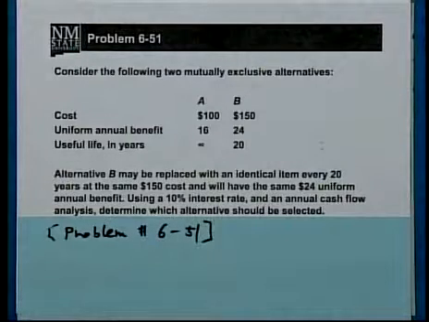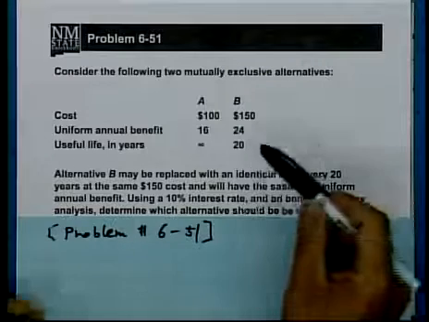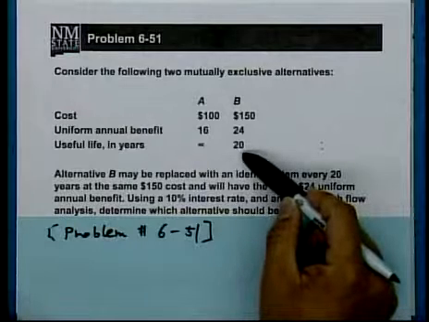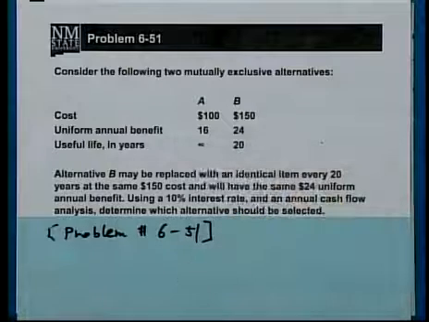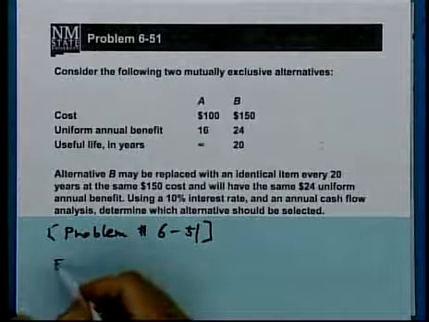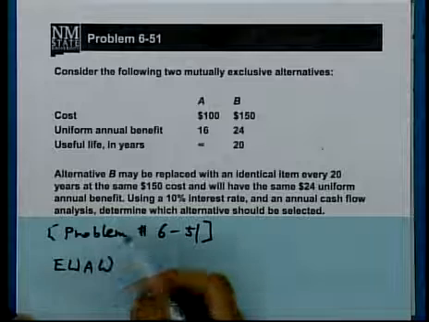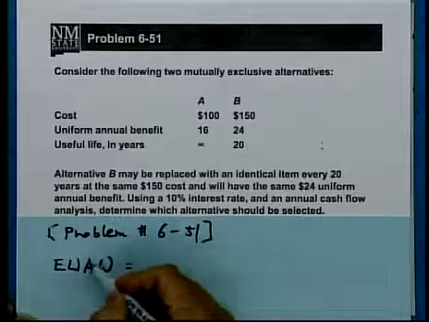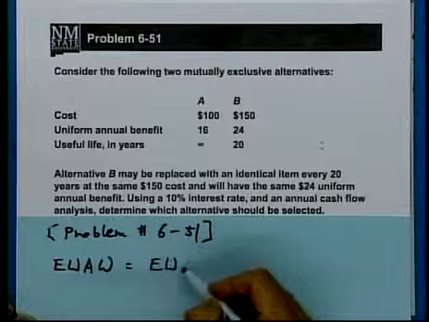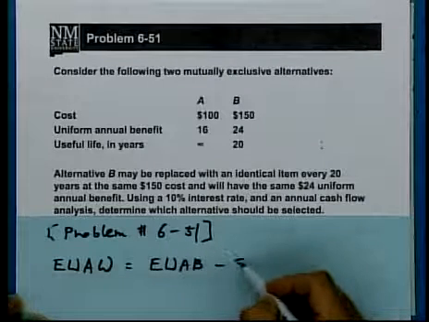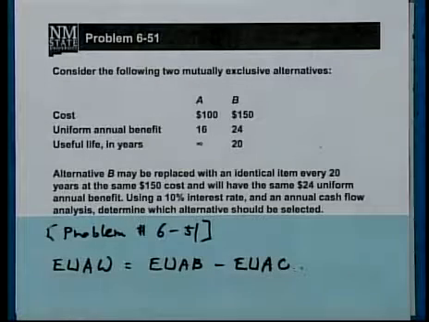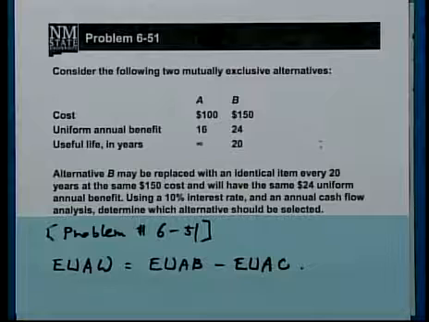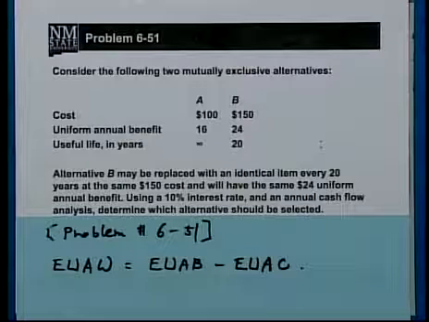Because we assume an identical replacement, we may compare 20 years of plan B with an infinite life for plan A by using equivalent uniform annual worth, which can be computed by equivalent uniform annual benefit minus equivalent uniform annual cost. Okay? So we are going to use this formula for solving problem 6-51.